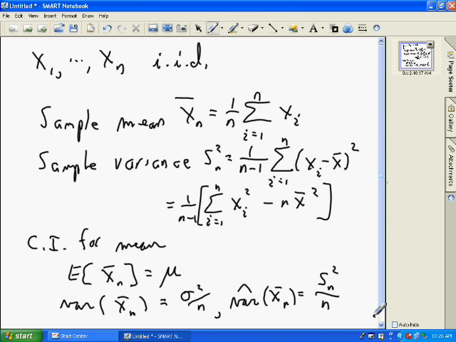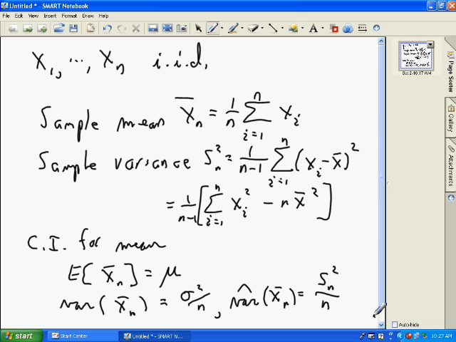okay, again, let me make sure you understand the confidence interval. The idea is that the sample mean itself is a random variable, right? So it varies from experiment to experiment. To build a confidence interval, what we need is the mean of that random variable, namely the mean of the sample mean, and the variance of the sample mean. Okay, we have the variance.